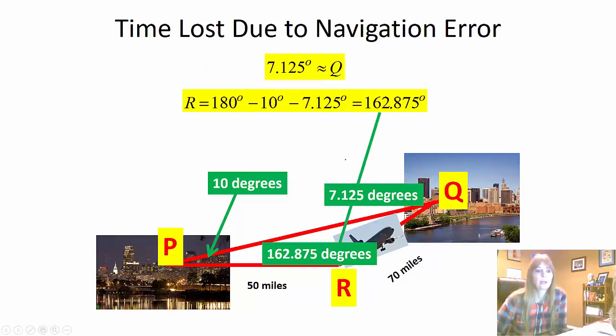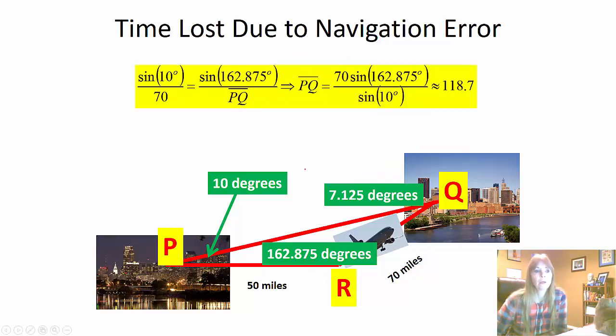All right, so from here I can get the last degrees just to finish up this triangle, because as you can see, why would I need this degree? I need the side opposite of it. So I take 180 minus the 10 and then minus the 7.125 I just found, and we call this angle R. And so now from here, this distance from P to Q, I can actually solve because I have the angle opposite of it.